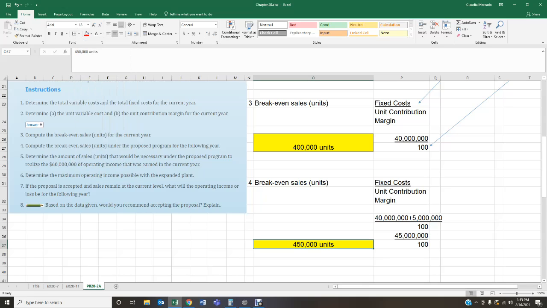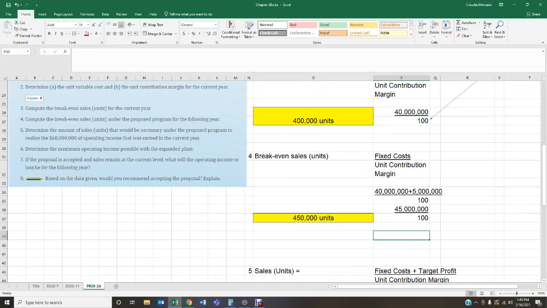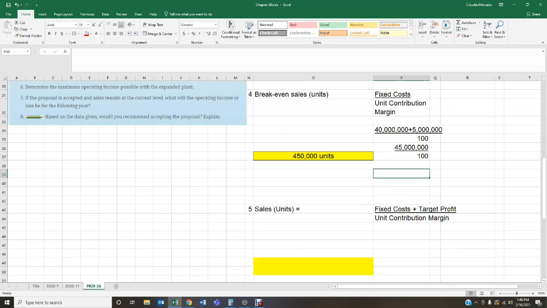Okay, requirement 5. Determine the amount of sales units that would be necessary under the proposed program to realize $60 million of operating income that was earned in the current year. For this, we've got our fixed cost plus our target profit over our unit contribution margin.